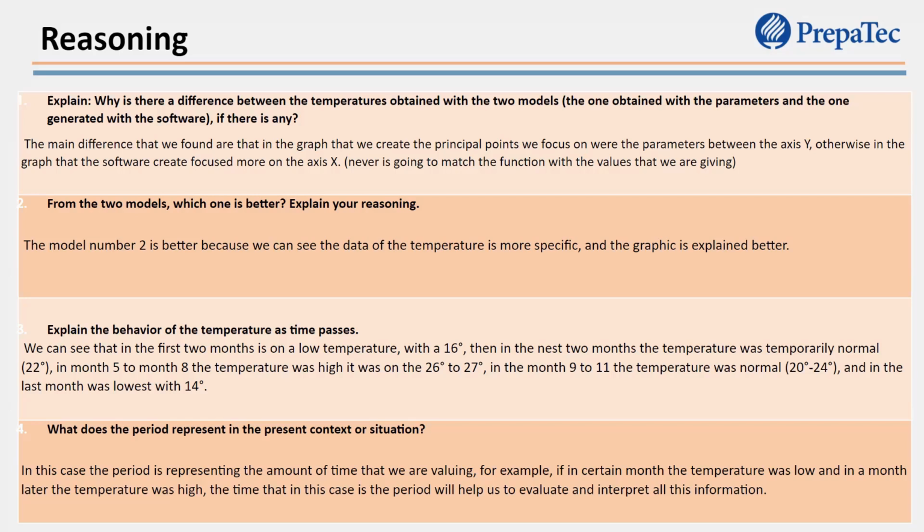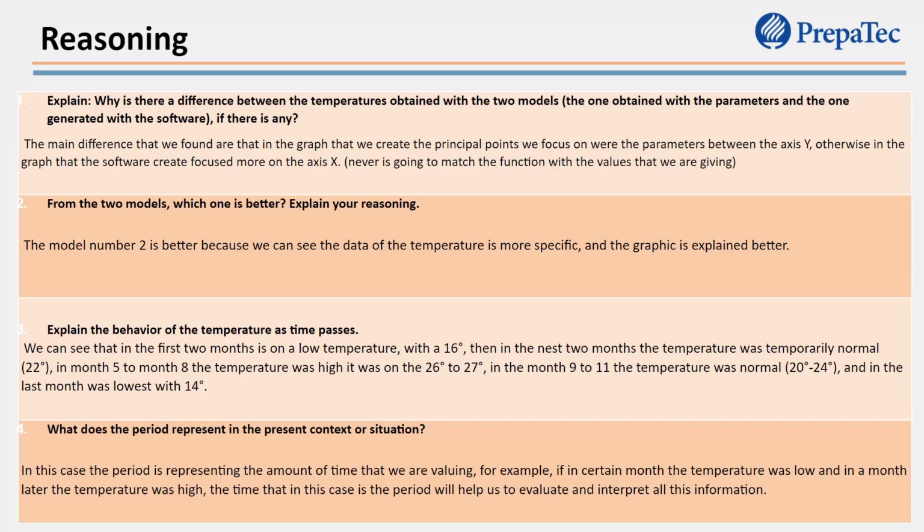The next question is: explain the behavior of the temperature as time passes. We can see in the beginning that the first 2 months are at a low temperature, with 16. Then in the next 2 months, the temperature was moderate, with 22 degrees. From month 5 to month 8, the temperature was high, at 26 to 27 degrees.